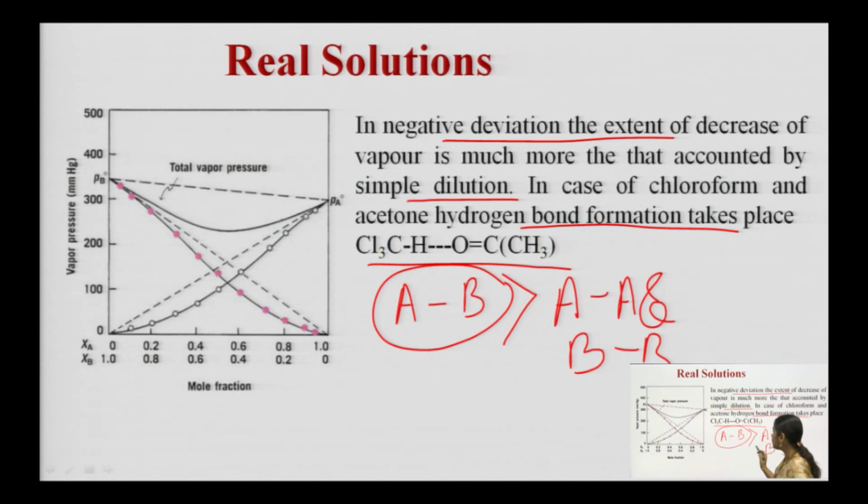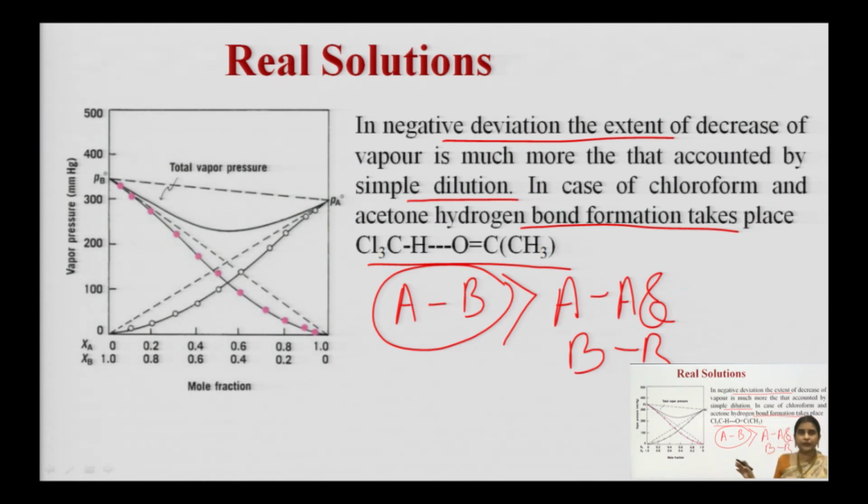Here you must remember that in lecture 2 we studied that if the force of attraction between the solute and the solvent is due to van der Waals force of attraction, then we have to use the geometrical mean.